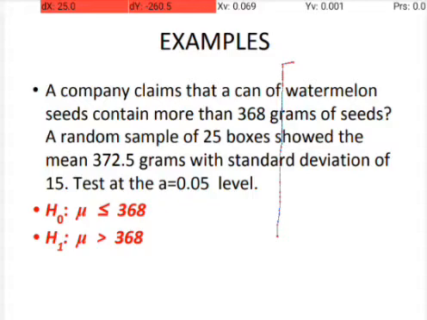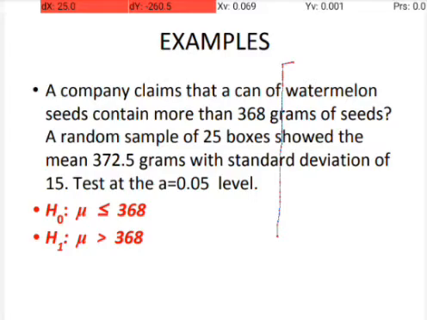The first thing you have to do at this point is to state your hypotheses, the null and the alternative. Don't forget that we said earlier that the assumption behind the one-tail test is that the null hypothesis has either a less than or equal to sign or a greater than or equal to sign. Now look at the statement.